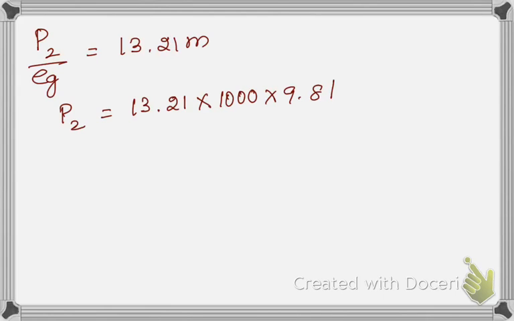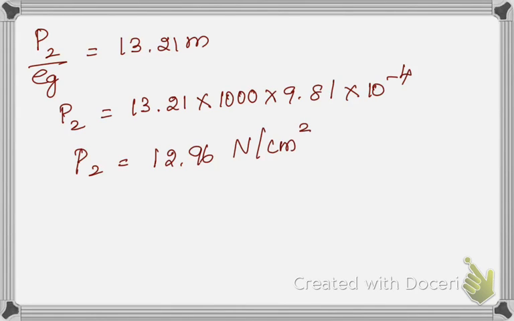In order to convert this into centimeter square, I will be multiplying it by 10 power minus 4. So P2 will be equal to 12.96 Newton per centimeter square. Okay, so this value gives the answer in Newton per meter square, and if I multiply by 10 power minus 4, I will get the pressure intensity value in Newton per centimeter square.